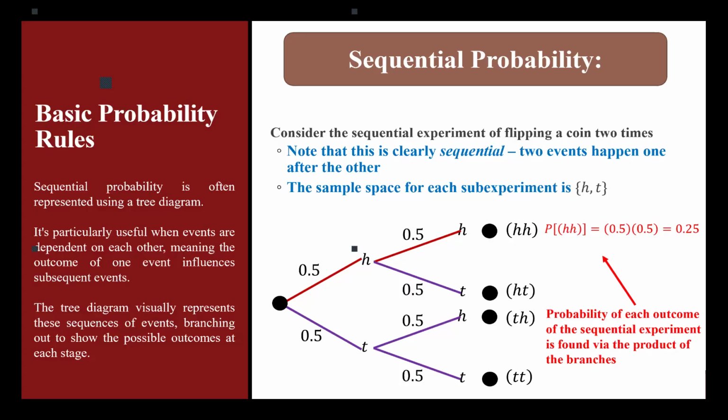So in general, you had half a chance, and then half of that first 0.5 to get head and head. Is that clear? So the probability of getting two heads in a row is going to be the multiplication of these two sequential conditions. In this case it is 0.25.